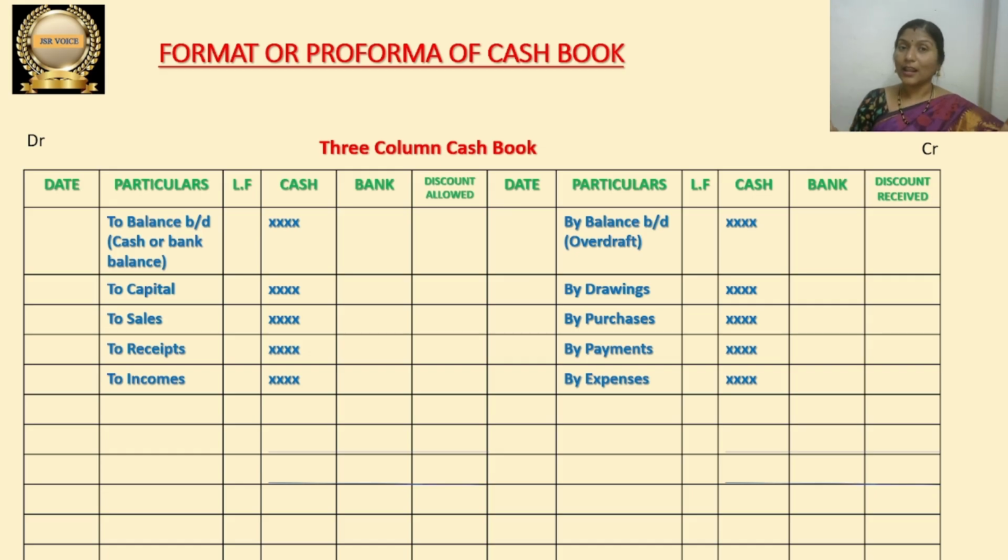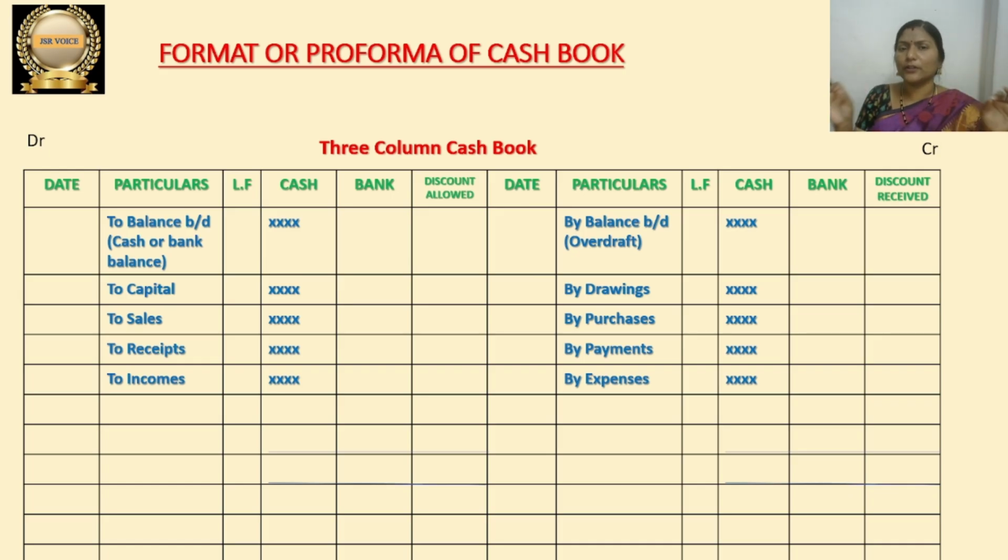So while doing the solution for any question, you should analyze the transaction first, and you should keep this format in your mind. The logic behind the format is a simple thing: if cash comes into the business, immediately you record on the debit side. If cash is going out of the business, record on the credit side.